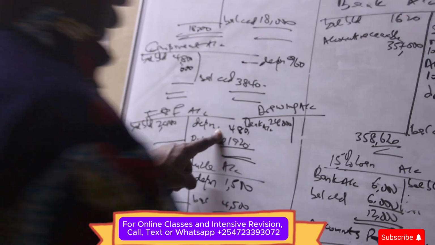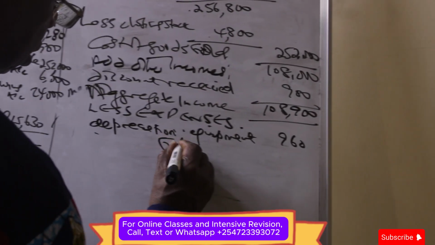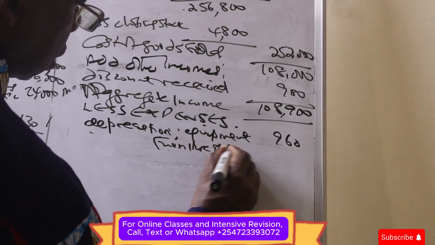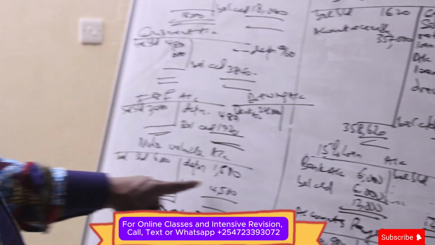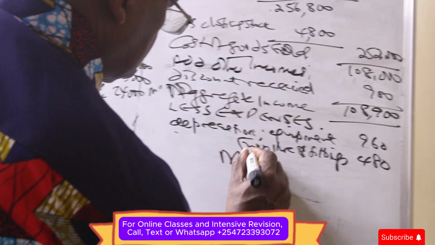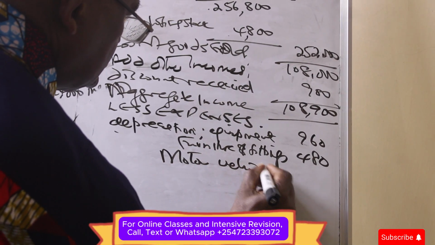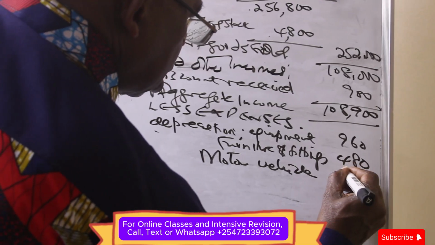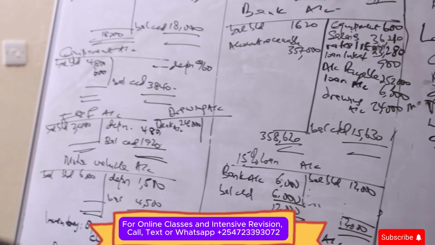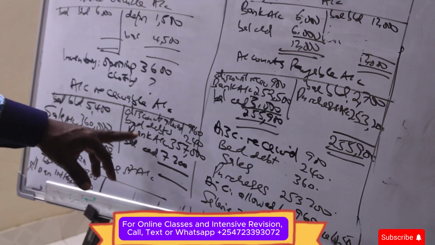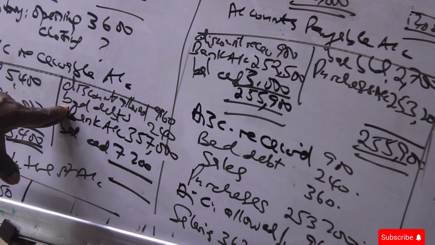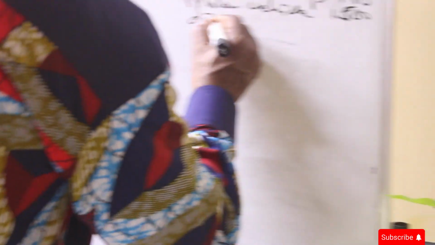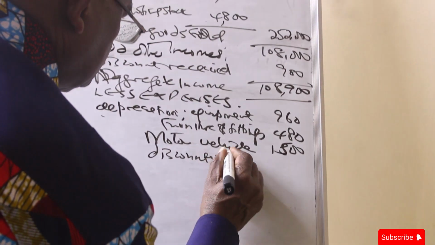Furniture and fittings, 480. Motor vehicle, 1,500. Bad debts, 240. Discount allowed, 960.